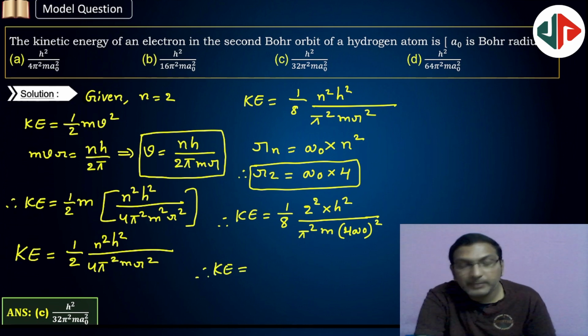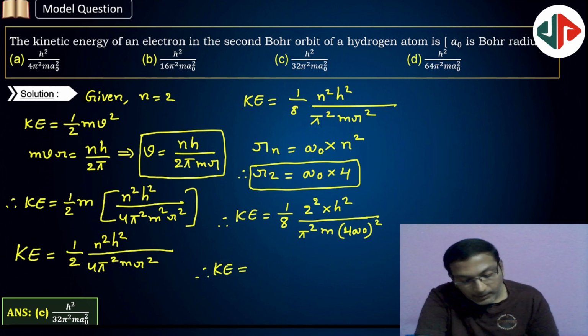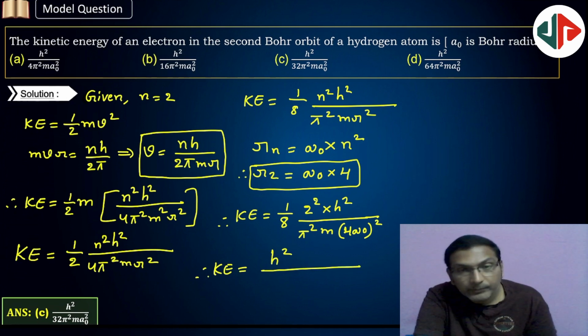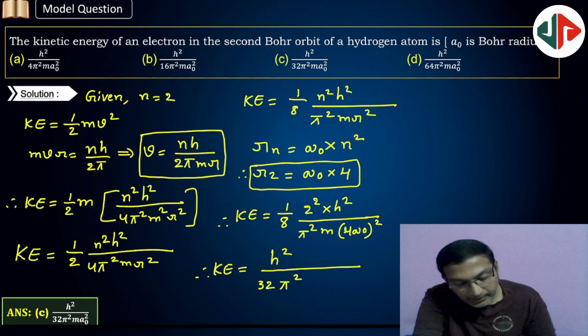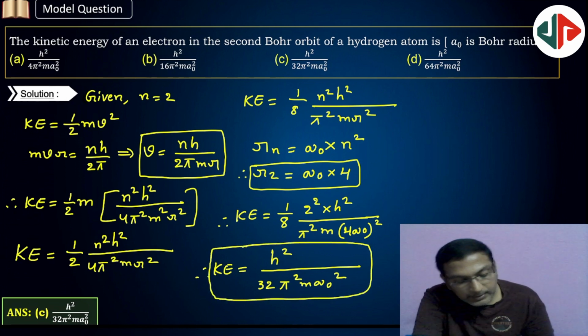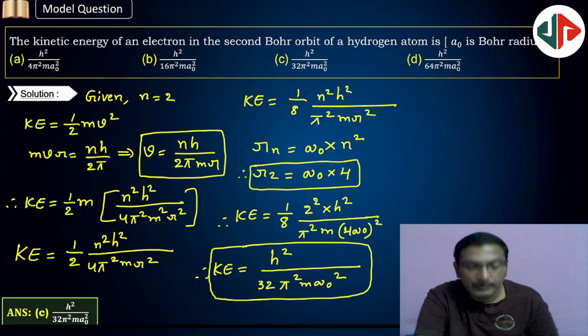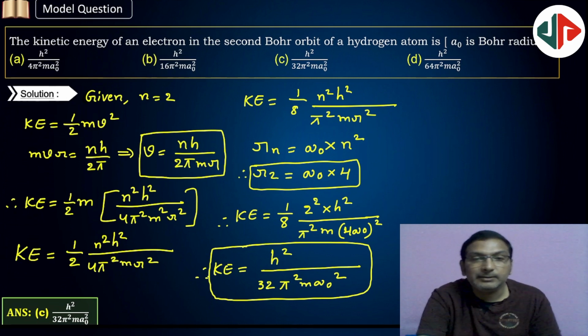Finally, kinetic energy will be equal to h square by 32 pi square m a naught square. This is the final kinetic energy. Important model.